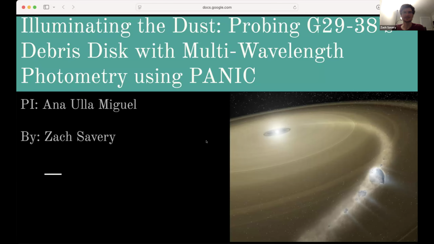So this project is called Illuminating the Dust, which is probing G29-38 with multi-wavelength photometry using PANIC, specifically to get infrared observations. Here is a nice artist rendition of what G29-38 is thought to look like, with its debris disk around a pulsating white dwarf.